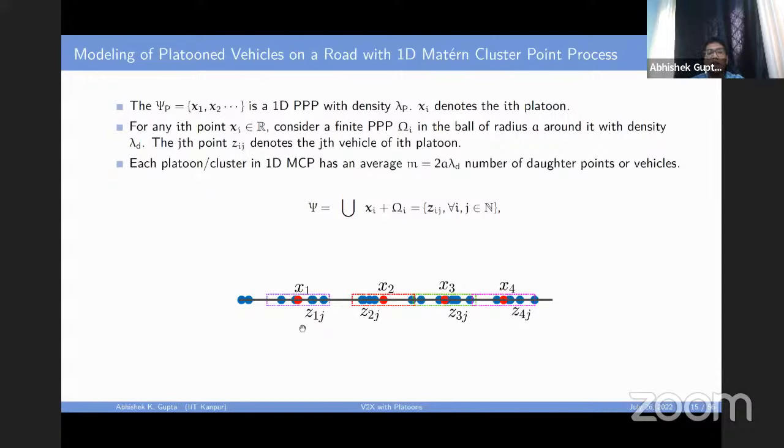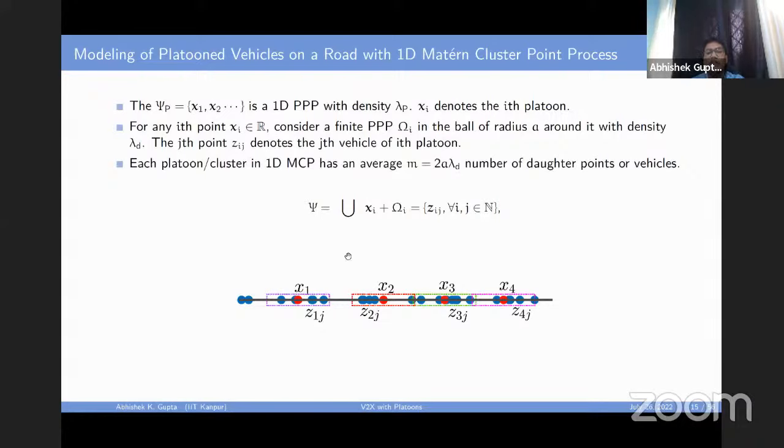So this particular platoon is known as the cluster or the daughter process, and the platoon center is known as the parent point. You can compute on average, because the density here is lambda d and the size is minus A to plus A, that overall there will be m equal to 2A lambda d vehicles in each platoon.